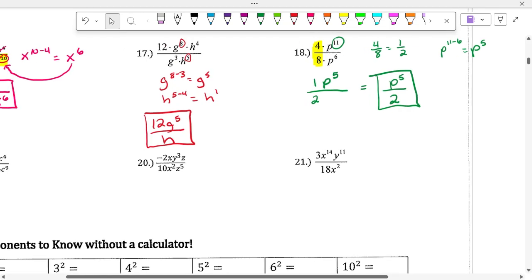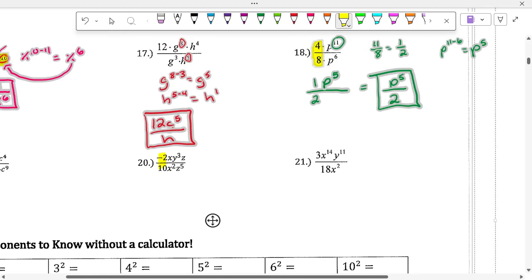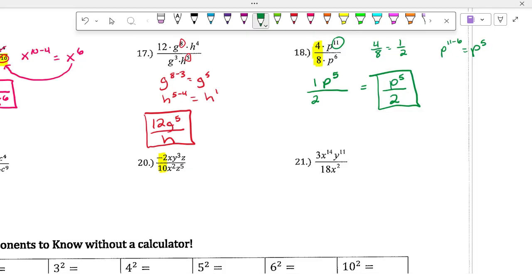Last example for dividing. So again, we've got negative 2 over 10, so that'll simplify down to negative 1 over 5. X's, it's 2 minus 1, so 2 minus 1 is just 1, and since 2 is in the denominator, we put a singular x in the denominator.